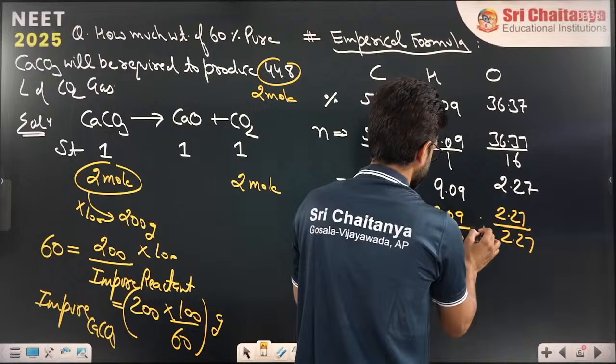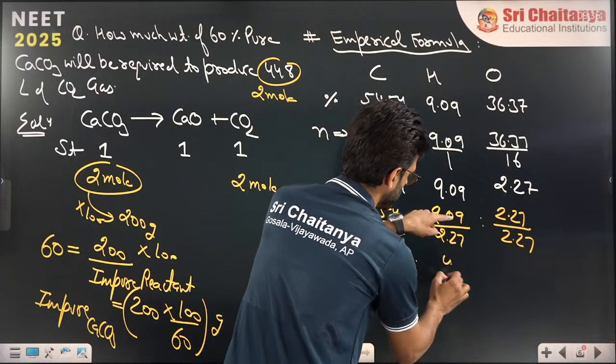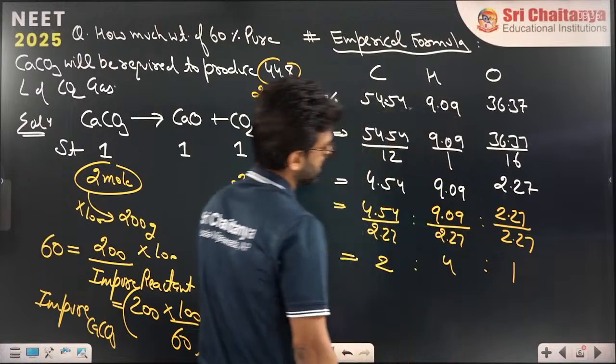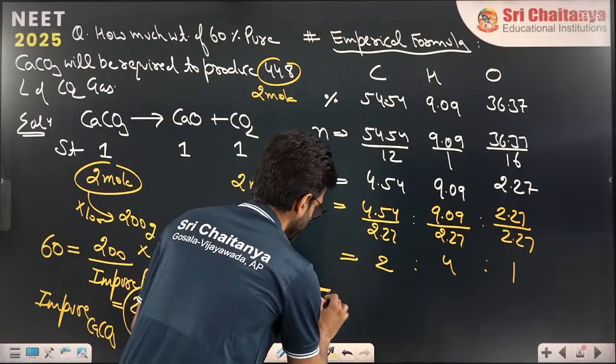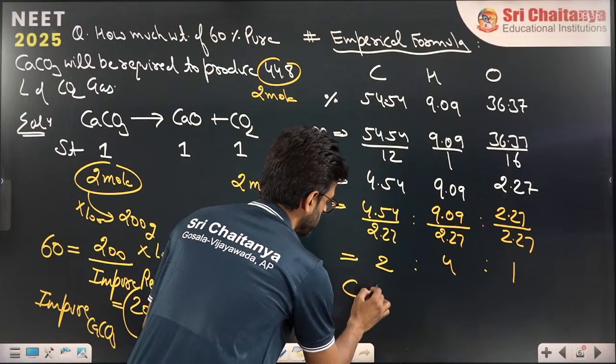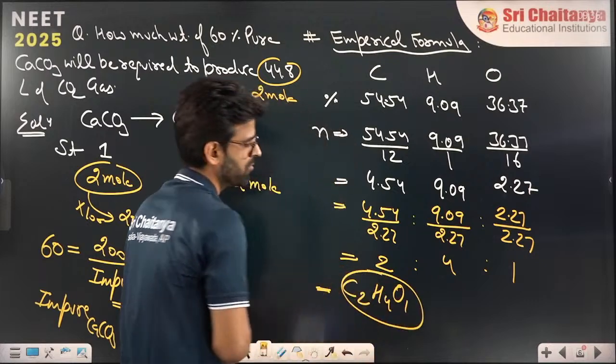Very simple. We get 2, 4, and 1. So you can see clearly the formula is C2H4O1. So it is the empirical formula.